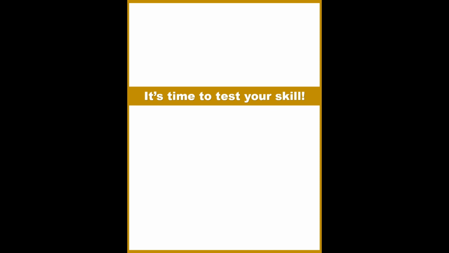You got it. It's time to test your skill. I want you to get a piece of paper and try to answer the following. I'm going to give you time to answer it, or you can pause this video if you want to finish answering it.